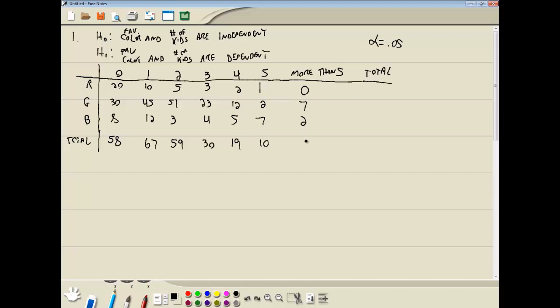And 9, I guess. Then if I add over here, 20 plus 10 is 30, 35, 38, 40, 41.